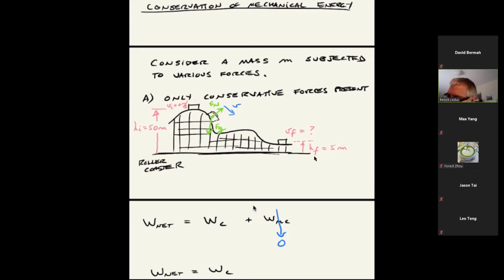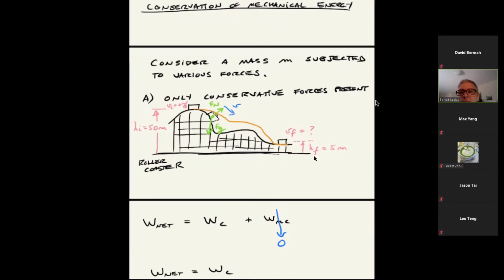Now I'm going to ask you a question here. If instead of having this curve here, don't write this down, but if the curve had been this instead, can anyone tell me what the speed would be? Would the speed be the same, different, lower, higher?